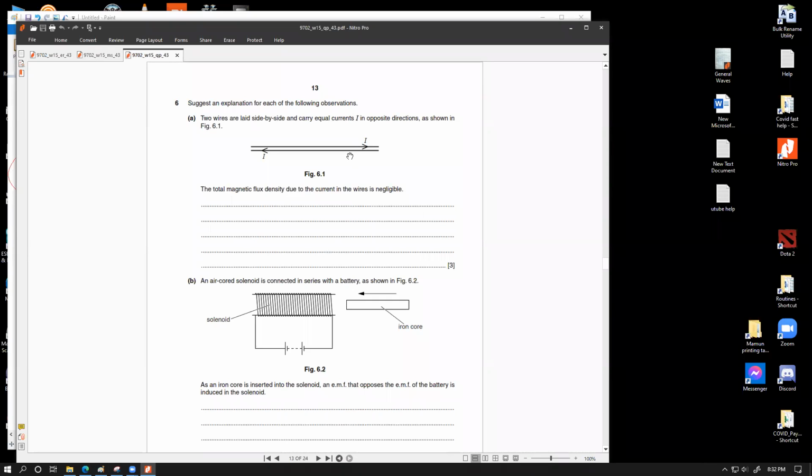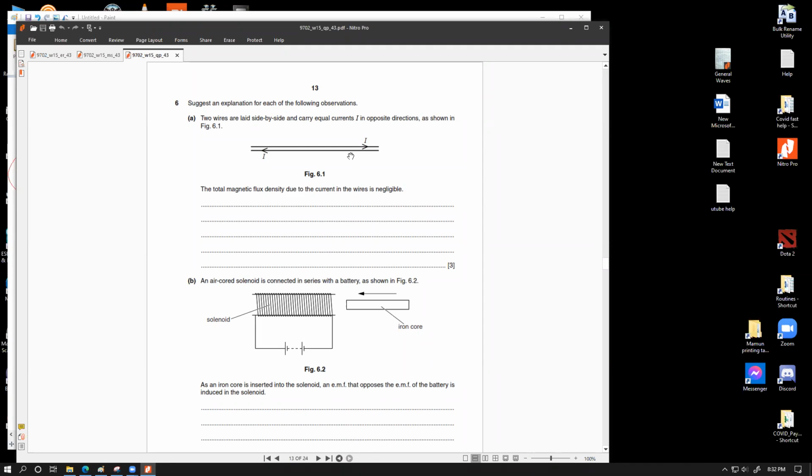At the center, the magnetic flux density could be significant, but that's also quite small because of the low permeability of free space. But irrespective of that, for all the spaces around this wire pair, the magnetic field lines will be pretty much counteracted. That's my answer. If I was answering this, I would answer in those terms, that the magnetic fields would be counteracted by each other.